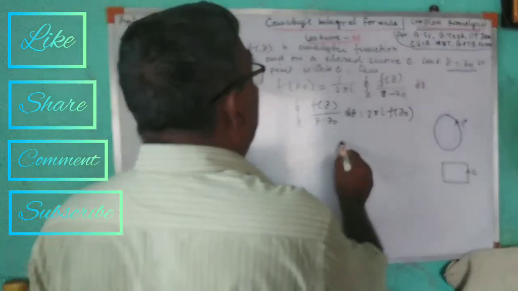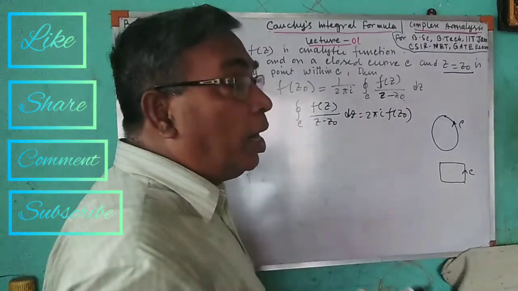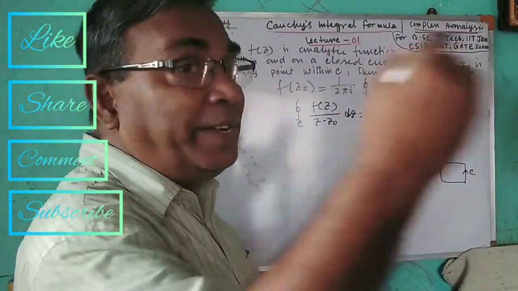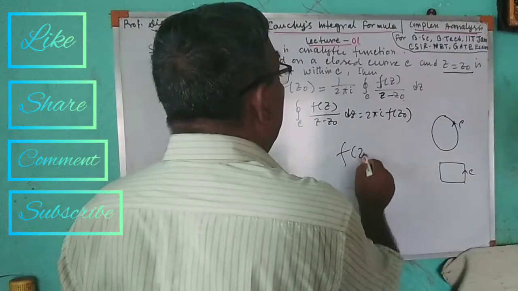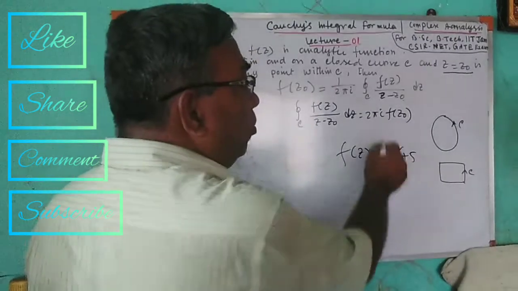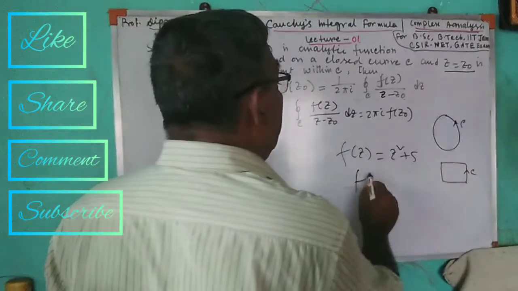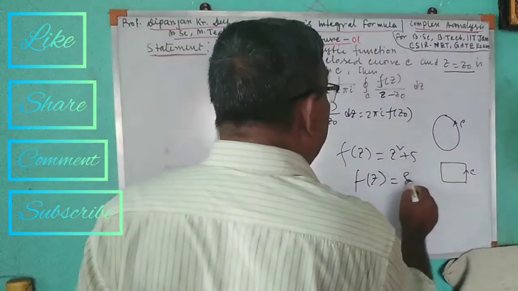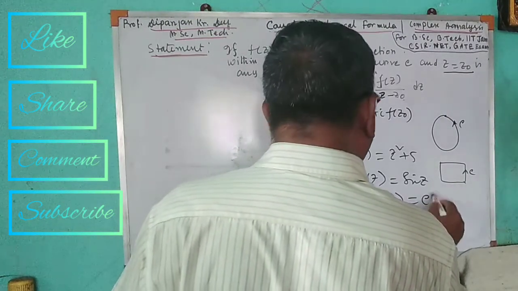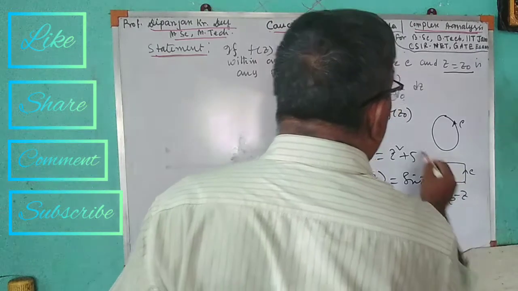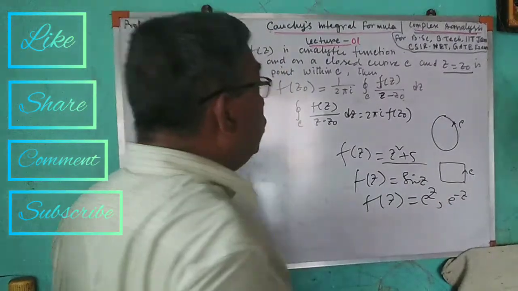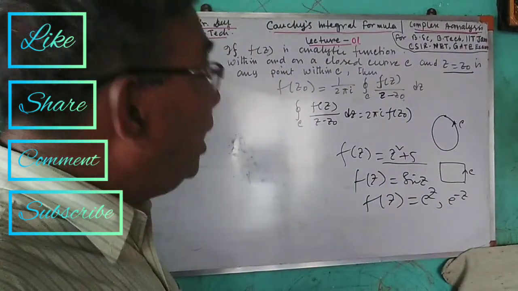Suppose f(z) is a polynomial function in z, like f(z) equal to z square plus 5, or f(z) equal to sin z, or e to the power z, or e to the power minus z. Every polynomial-like function of this kind is an analytic function.